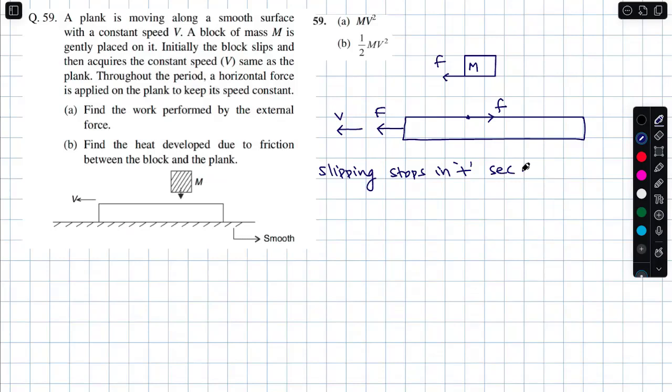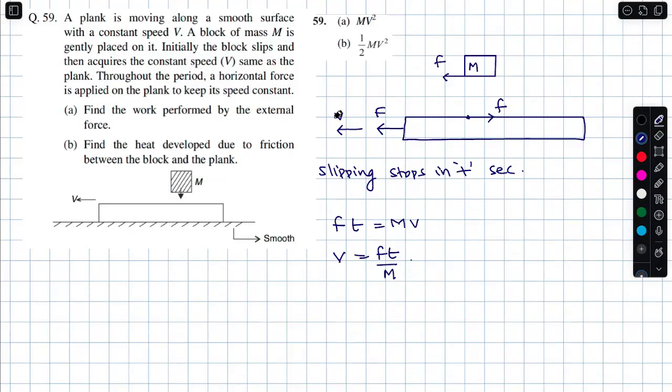After t, there is no slipping. Now please try to understand, after t seconds, this block will have v velocity. F into t is mv, momentum impulse theorem. Correct? So therefore, whatever is v, that is f into t by m.